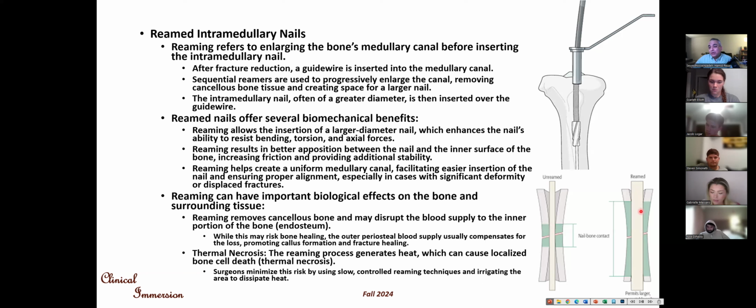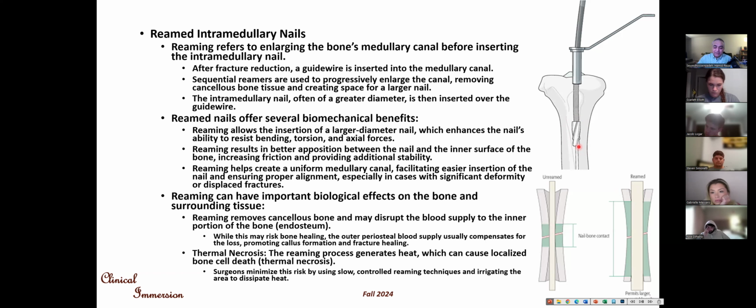When we reach the cortical bone, we can increase the ream size one size above. For example, we start with reamer size 7, and we increase it by 0.5 millimeter or 1 millimeter. It depends on the surgery and the surgeon preference.